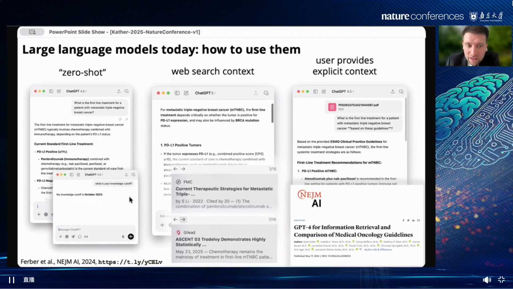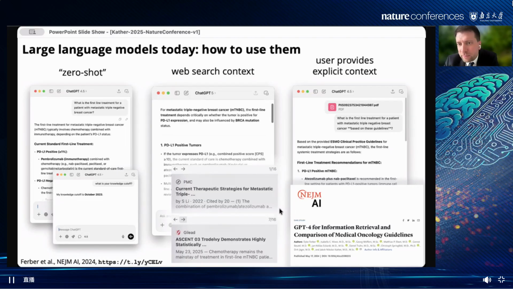However, this is a bit limited because it's not up to date, and there are also many other limitations, which are solved by what is now becoming the standard, that these large language models get the context from websites, right? So you have additional context here. But the problem is that these can be like everything.